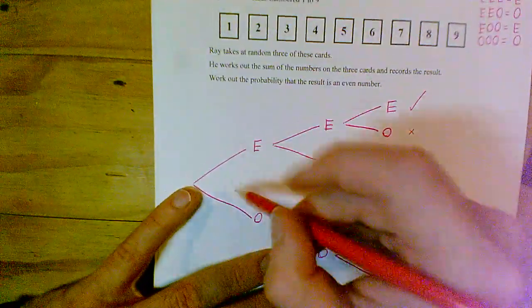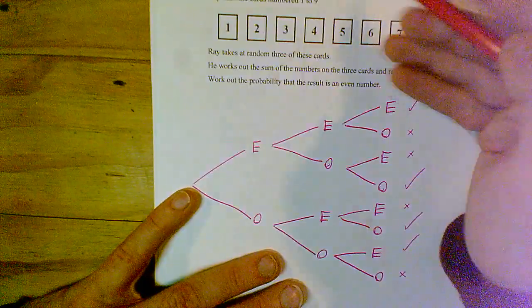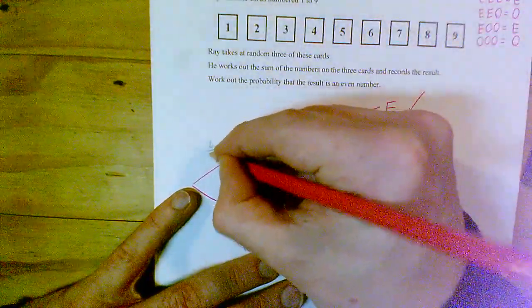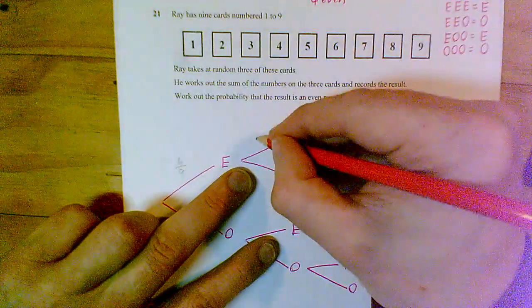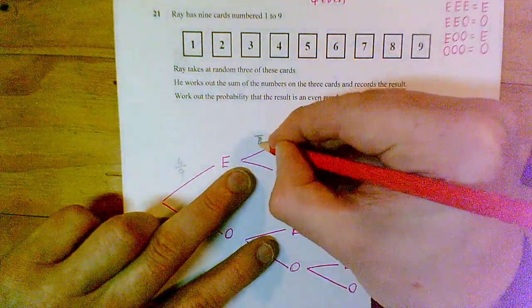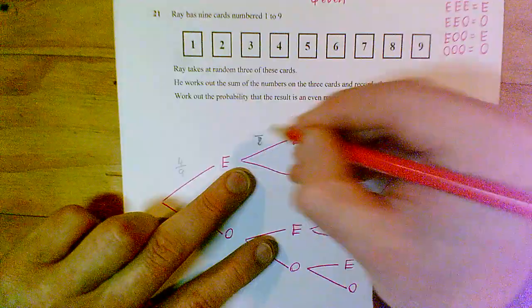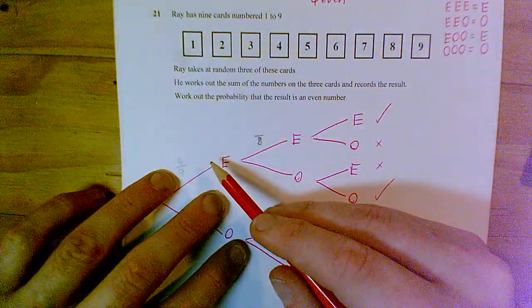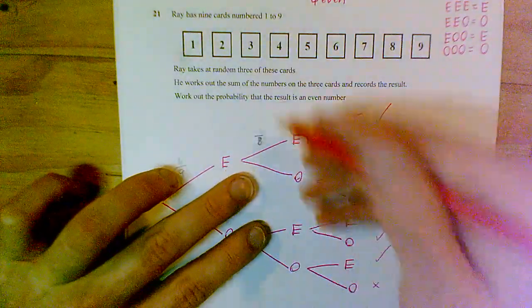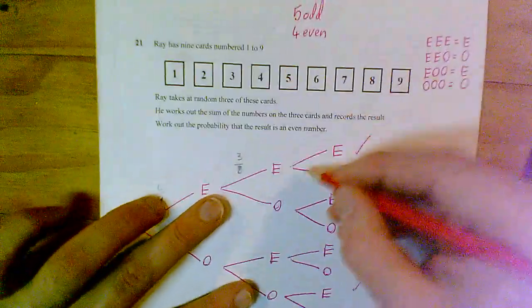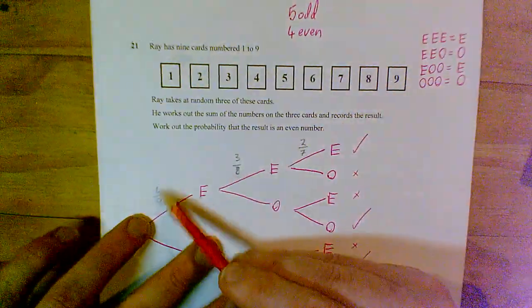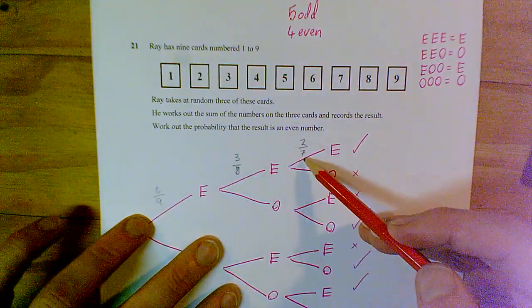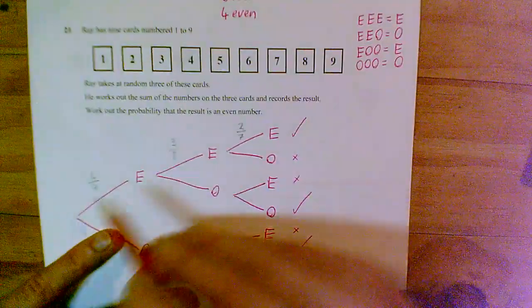So the first one, there's 9 of them and 4 of them even. So that's going to be 4/9 chance of me picking even. Now there's only 8 cards left. And actually only 3 of them are going to be even because I've taken 1 out. Then there's only 7 left and 2 of them are going to be even. So 4/9, 3/8, 2/7.